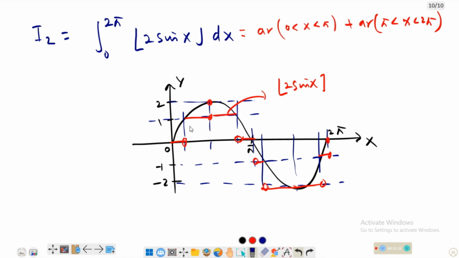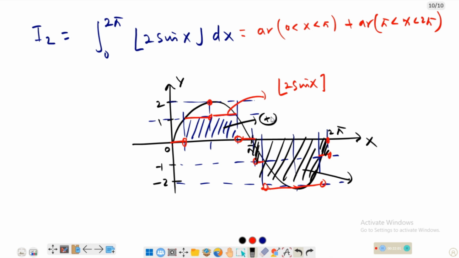If we calculate this integral, this area is negative and this is positive area. This point is where 2 sin x is equal to 1, so sin x is equal to 1 by 2, so x is equal to pi by 6.